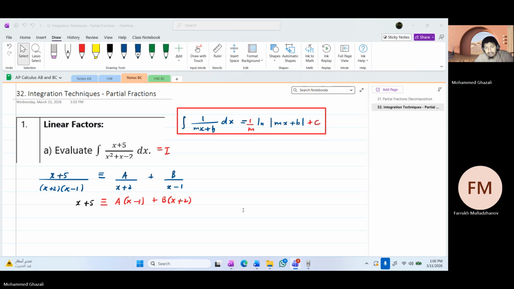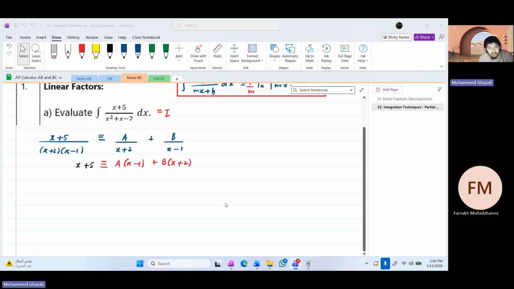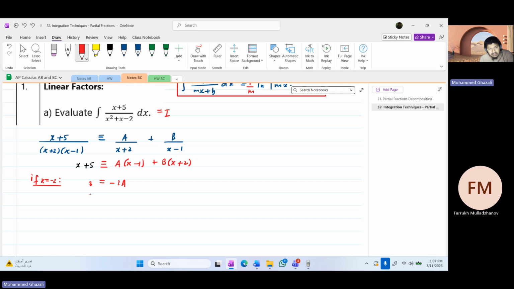If we try solving this, if x is equal to -2, b falls out. Why does b fall out? Because -2 plus 2 is 0. So -2 will give us 3 is equal to -3a. So a is equal to -1.